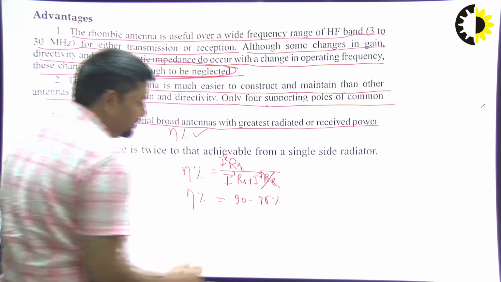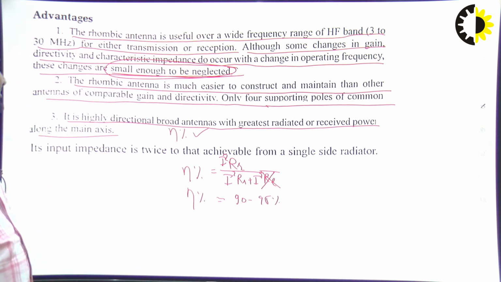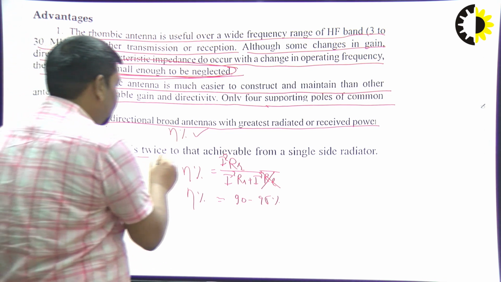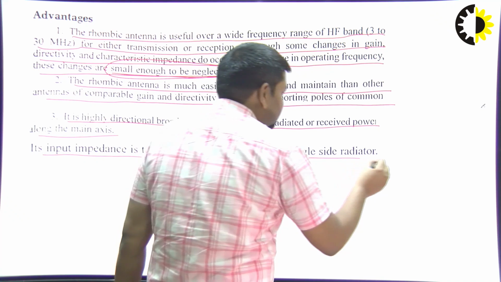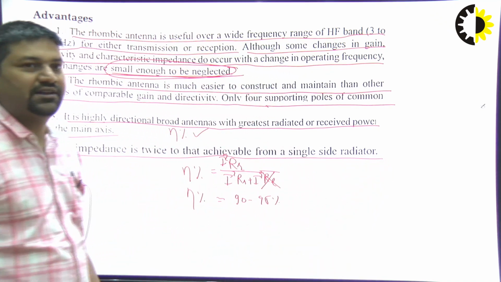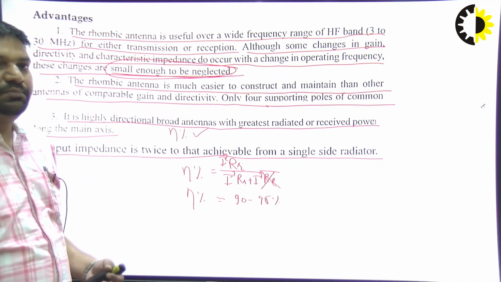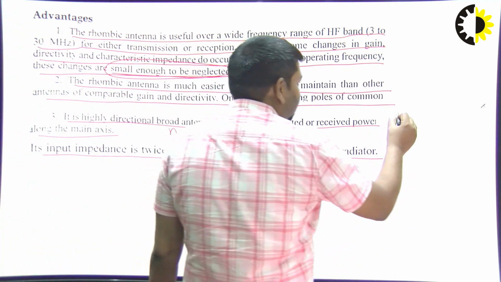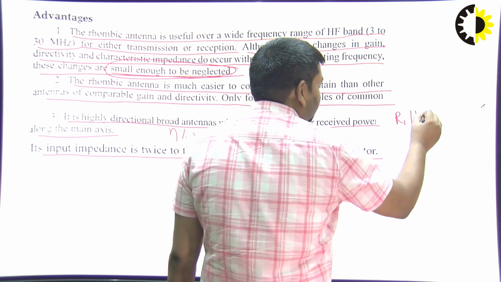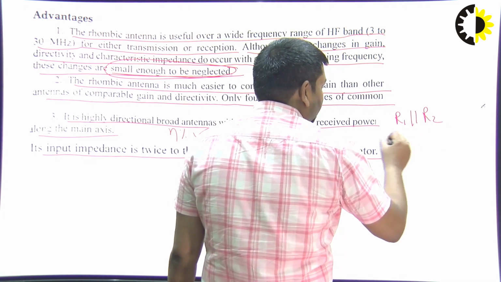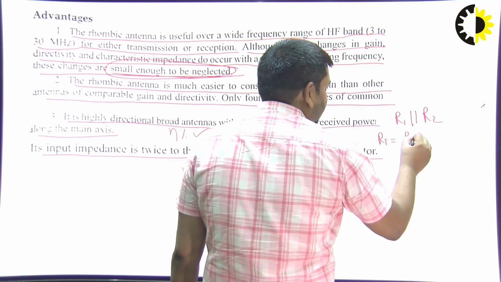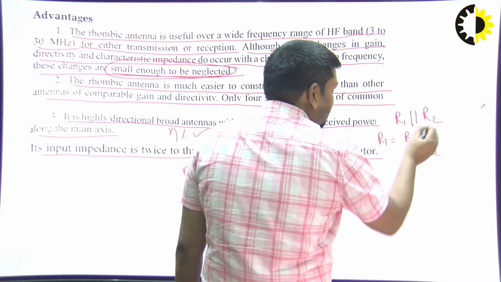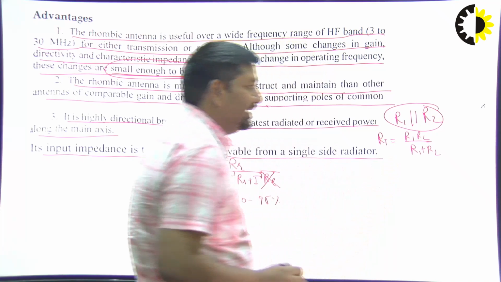So this is the main feature of the antenna, and its input impedance is twice that achievable with a single side radiator. If R1 is in parallel with R2, what is the total R? R1 R2 upon R1 plus R2, so the total resistance decreases.